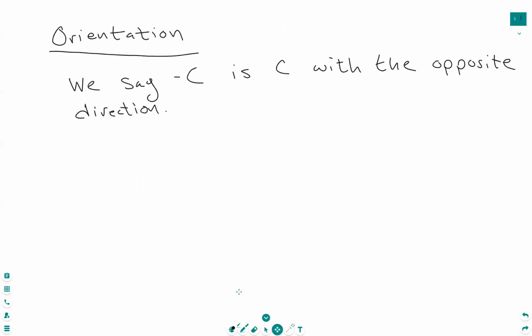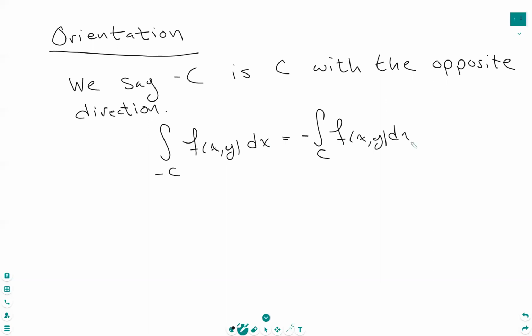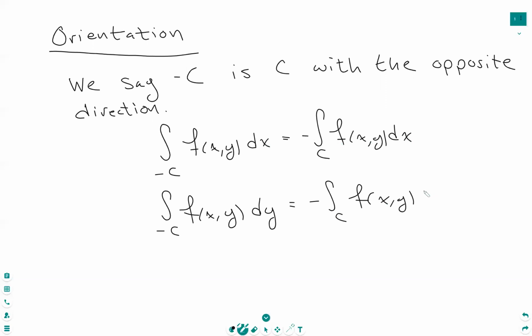And let's look at what happens with our line integrals. If I have the line integral over negative C of f of x and y dx, I end up with negative the line integral over C of f of x, y dx. If I do the line integral over negative C of f of x and y dy, I get negative the line integral over C of f of x and y dy.